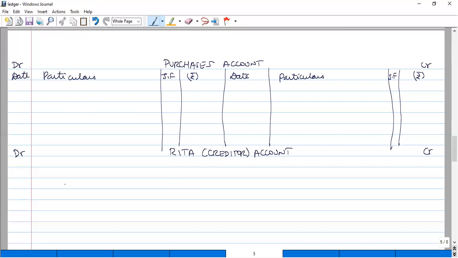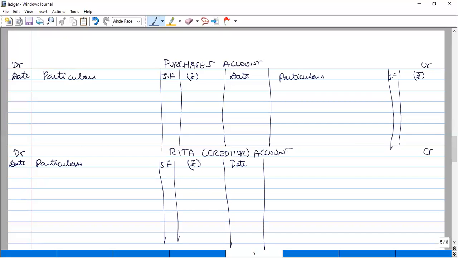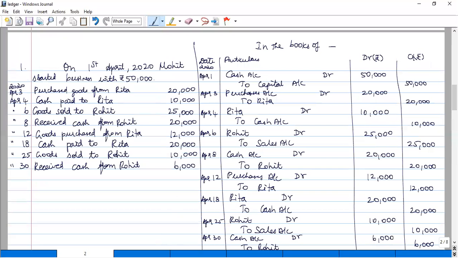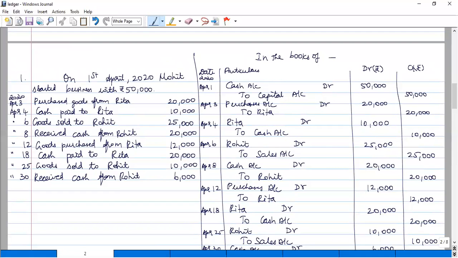Same way here also we will have the column heads written: particulars, journal folio, amount, and for the credit side also date, particulars, journal folio, amount, right? So on April 3rd, we saw the journal entry as purchases account debit to Rita.